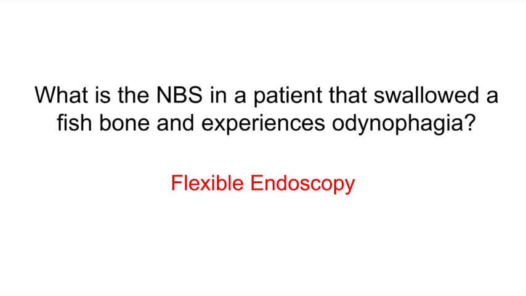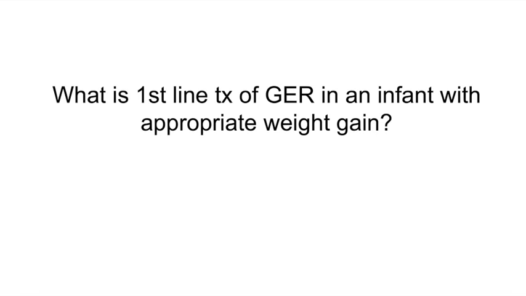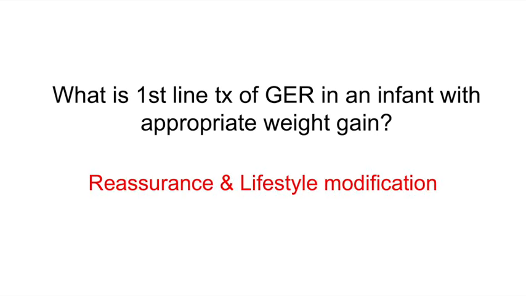What is first-line treatment for GERD in an infant with appropriate weight gain? Reassurance and lifestyle modification. So this can include upright positioning after feeds, burping during feeds, frequent small volume feeds.